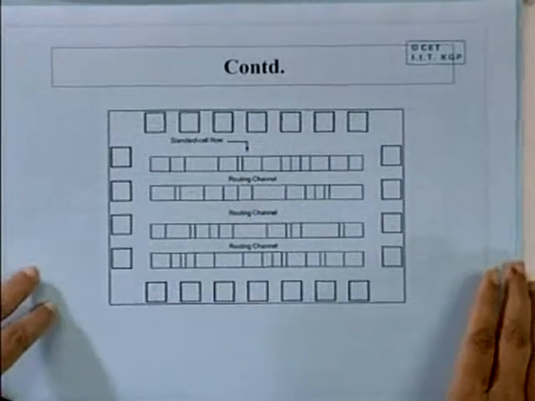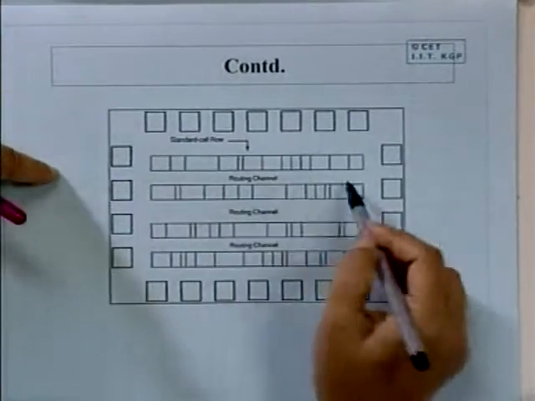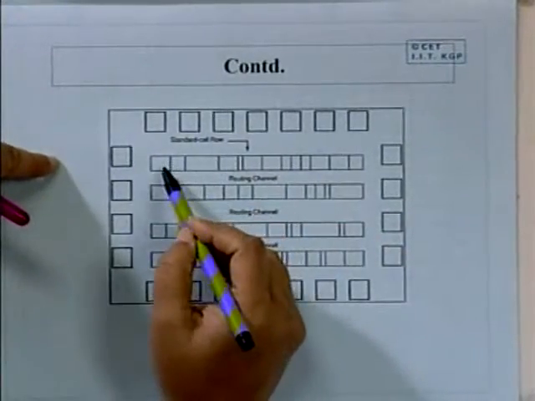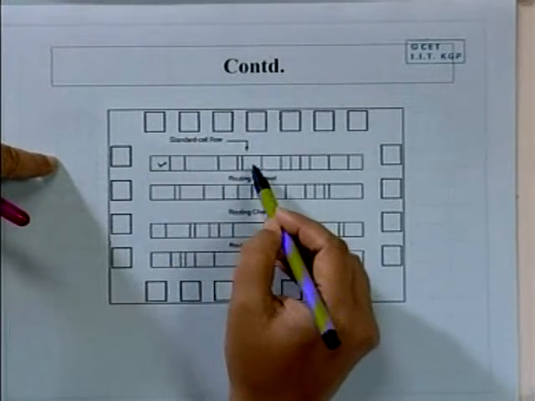I am giving one picture of this type. So, I'm taking one channel type of thing. These are standard cell rows. Some small cells I can put here.